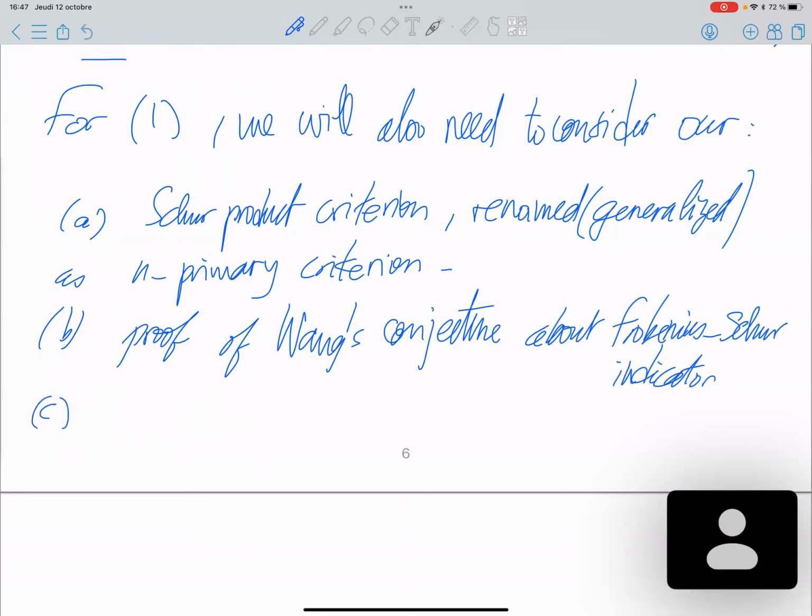And the last tool is our zero spectrum criterion. So we will prove a new categorification criterion called the zero spectrum criterion.